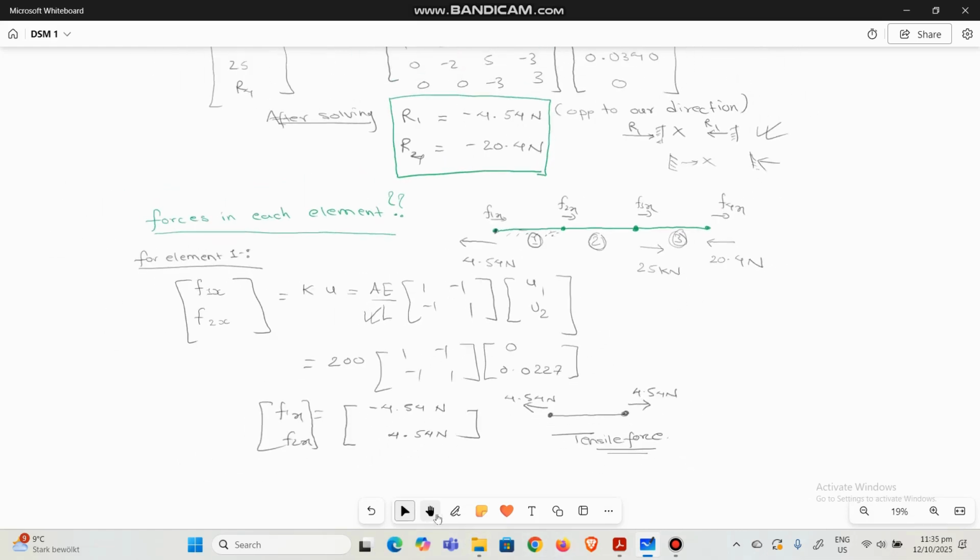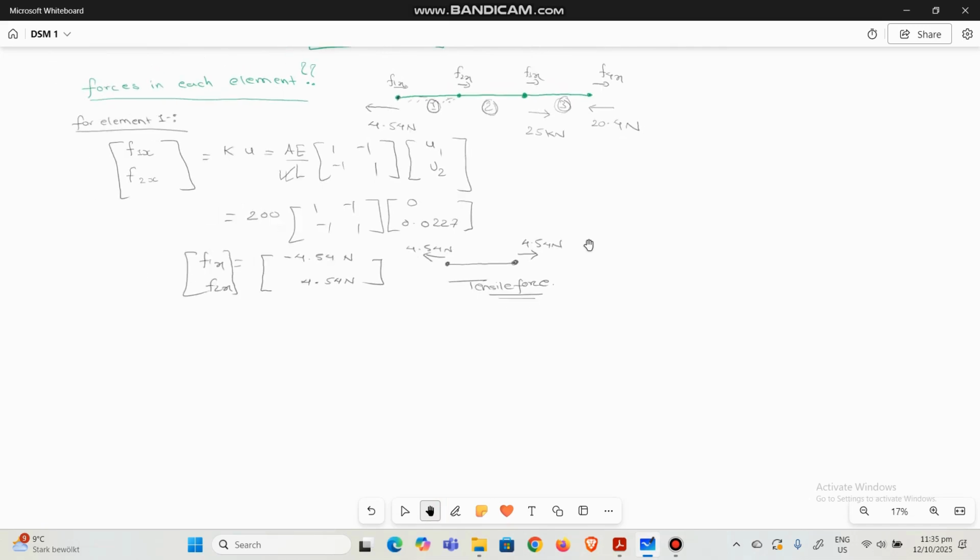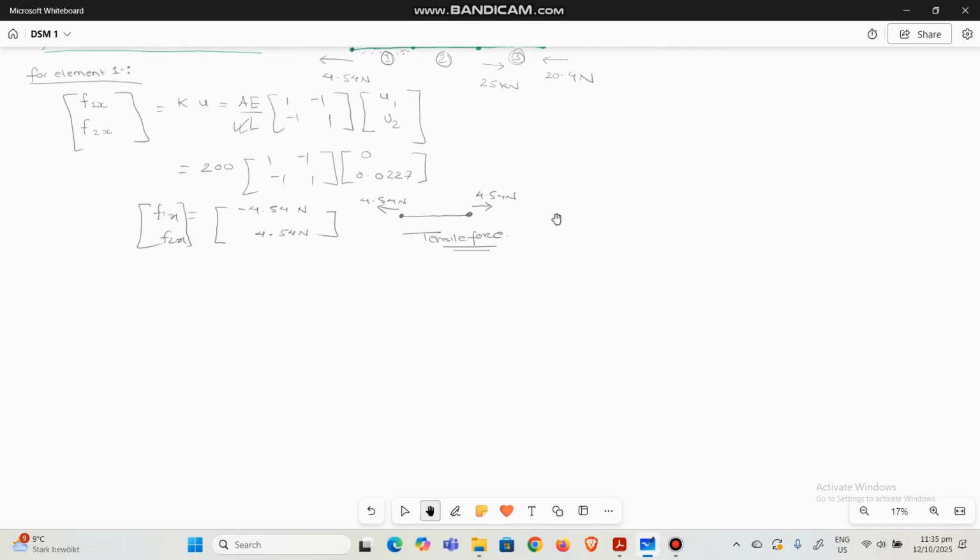And again, let's go for element number 2. Similarly, for element 2, we have F2x and F3x.